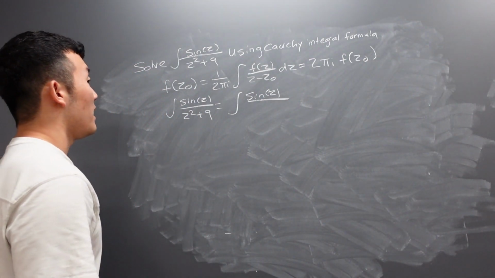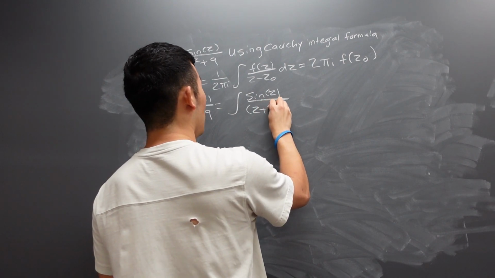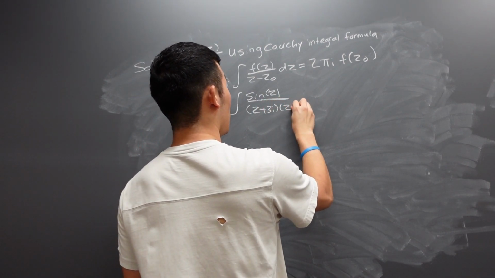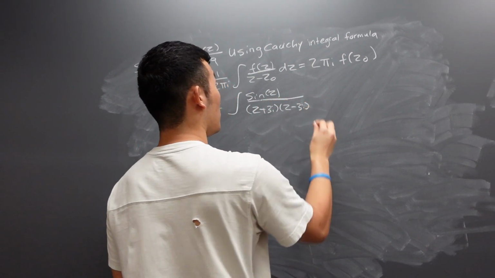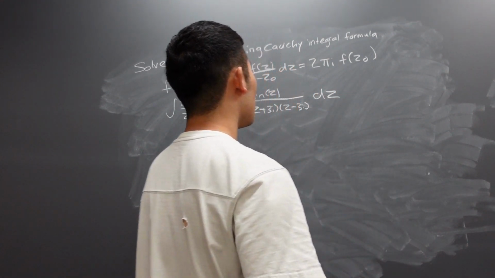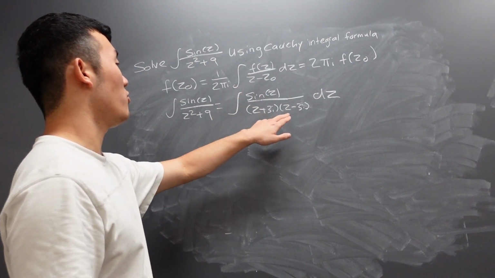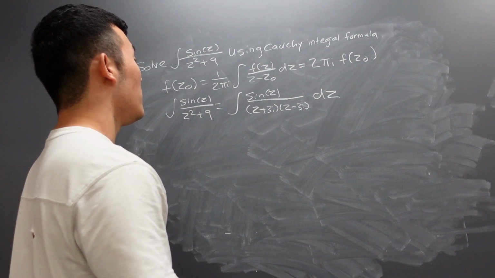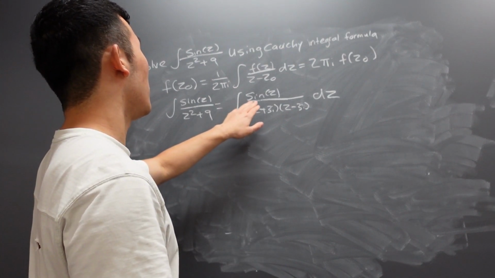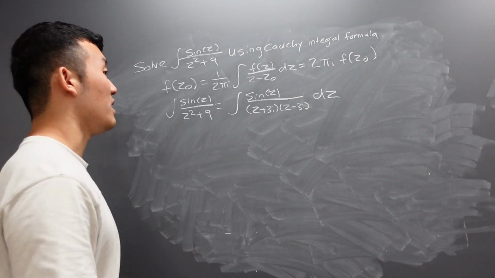This z squared plus 9 can be factored, breaking down into z plus 3i times z minus 3i dz. And based on the formula here, z minus z0 would be this one, z minus 3i, and we would have the sine of z over z plus 3i as f of z.